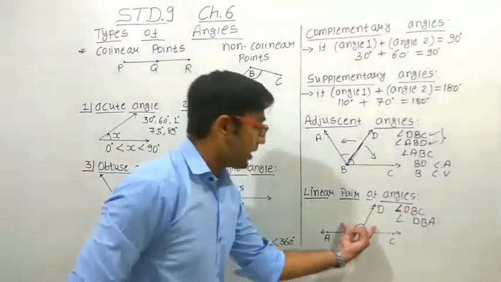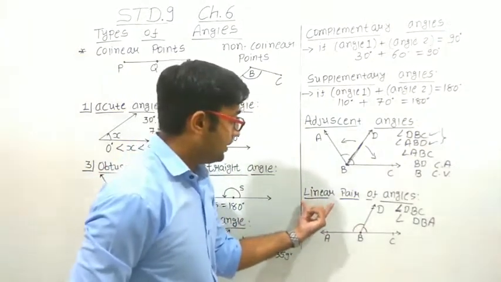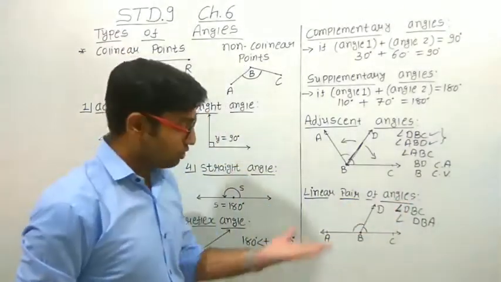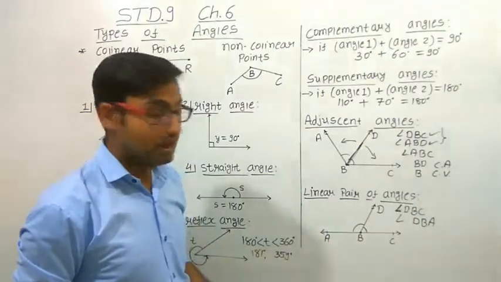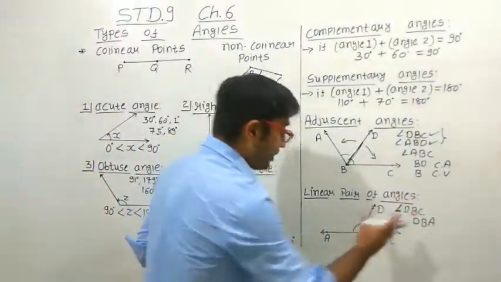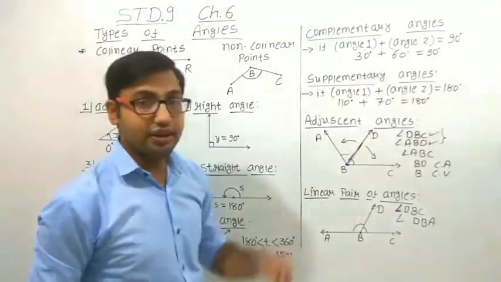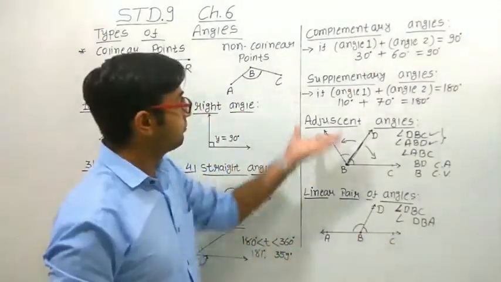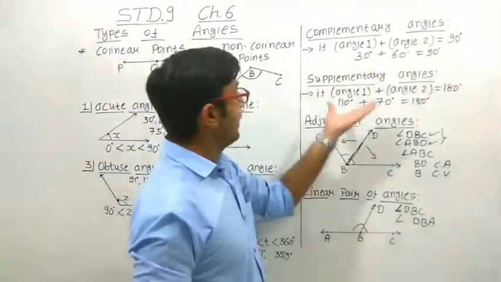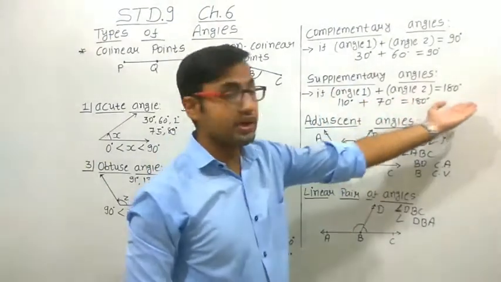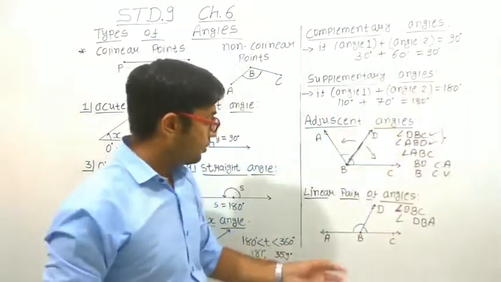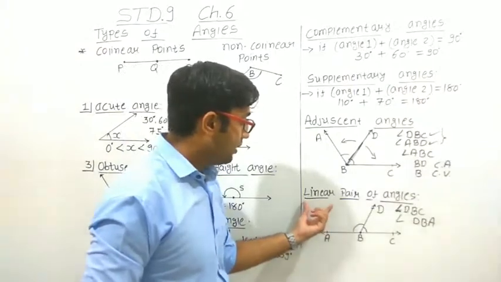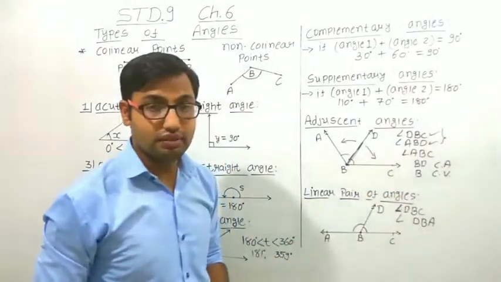Both these angles are called a linear pair of angles because they are on a straight line. We can also say that these two angles are supplementary angles because the total angle is 180 degrees. If two angles have an addition of 180 degrees, then those two angles are making a linear pair of angles, right?